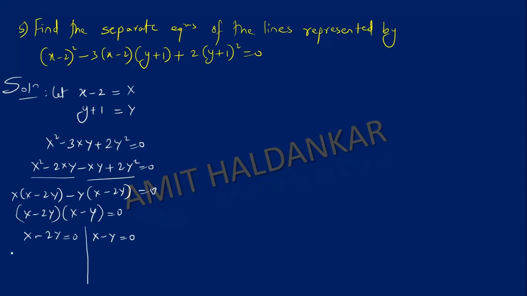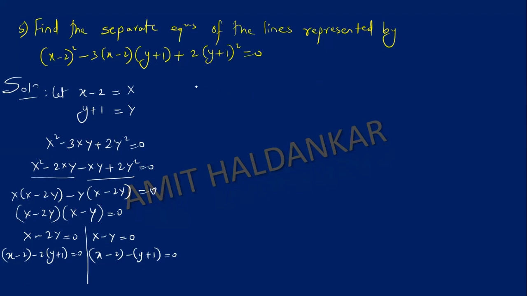So I can resubstitute now. What is capital X? It is x minus 2, and capital Y is y plus 1. So this is x minus 2 minus 2(y plus 1) is equal to 0.